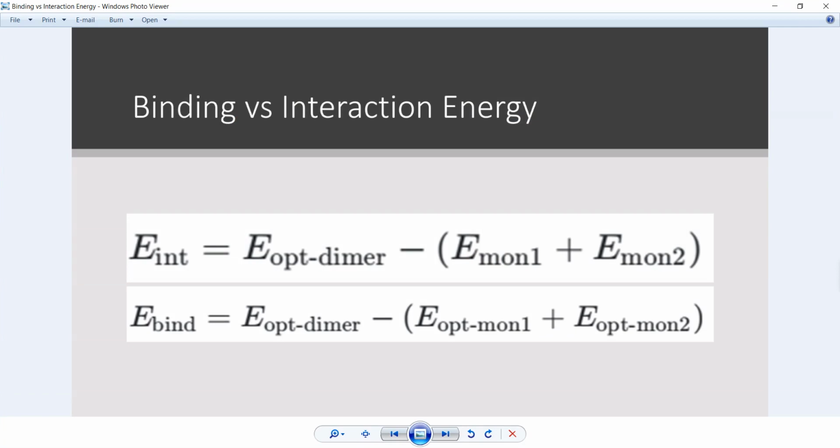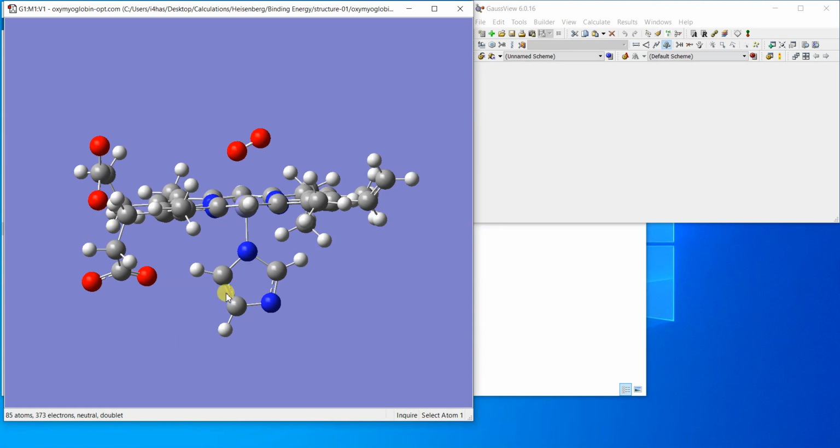But if I need interaction energy, then I need to optimize the dimer, but I don't need to optimize the monomers separately. I'll optimize the dimer, and then I'll just take this oxygen as it is, copy it, paste it into a new file, and run a single point energy calculation at the same level of theory.